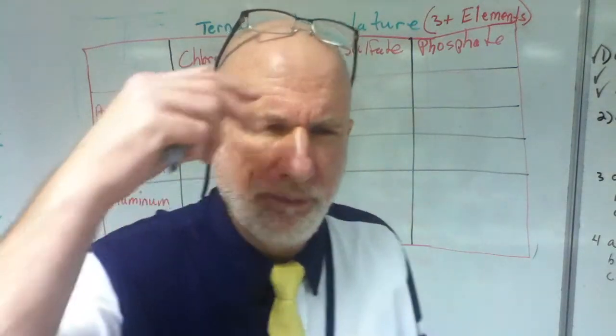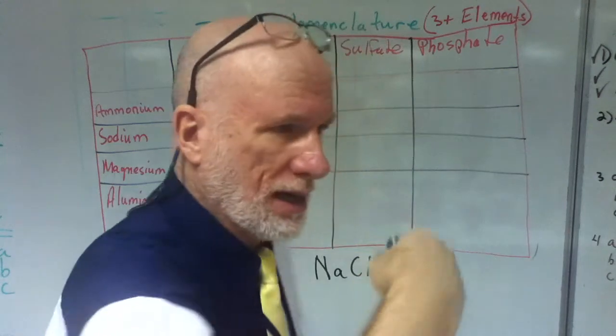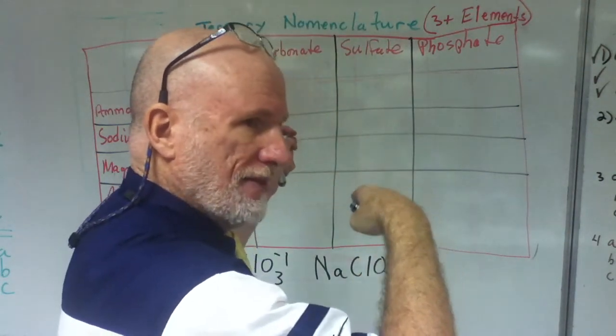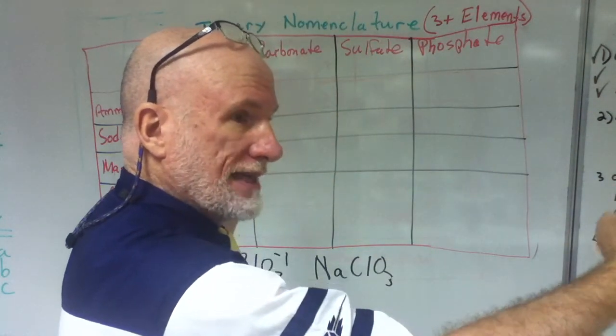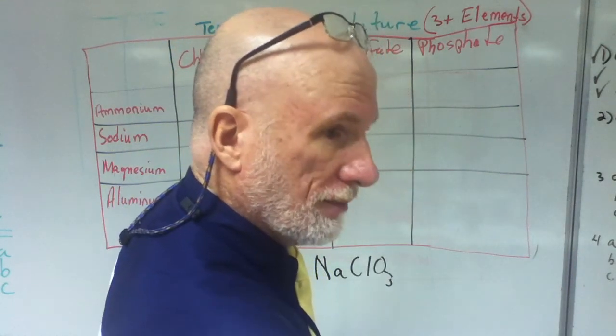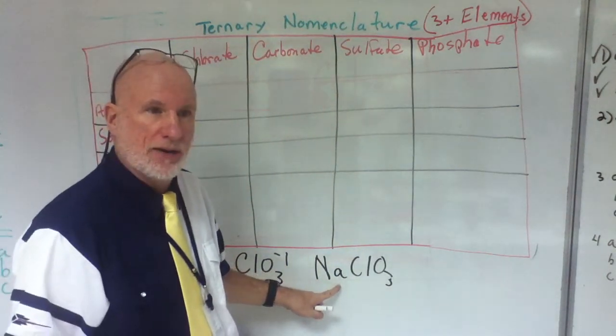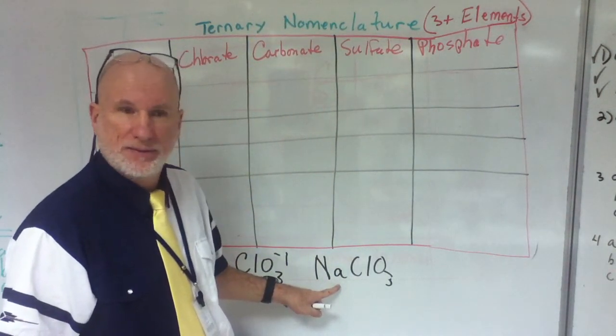How do you name binary nomenclature? The name of the positive ion, sodium, and the name of the negative ion, let's say it's chlorine, it would be sodium chloride, right? But how do you name ternary compounds?